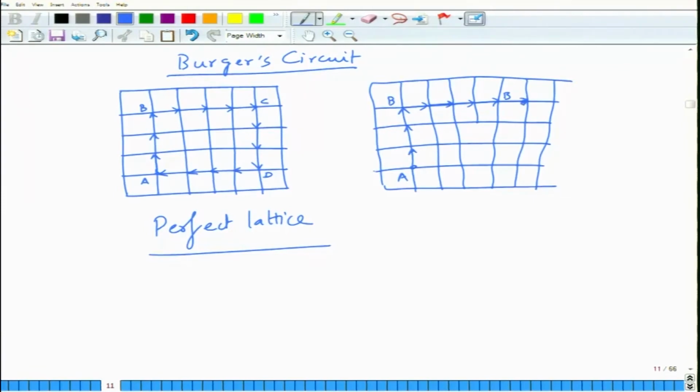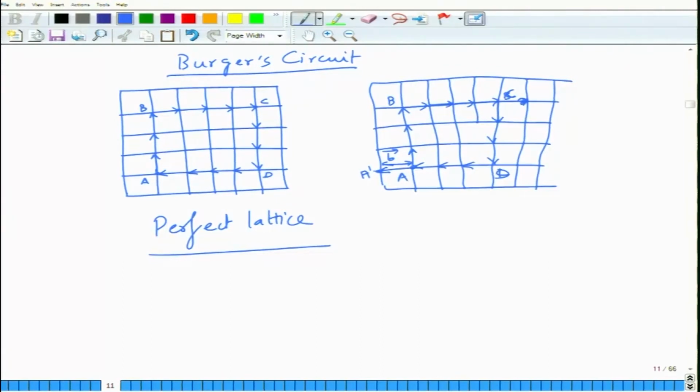Then you come 3 steps down to point C, then reach D, and you do not reach A, rather you reach another point, A prime. This is one extra step. This is called the Burgers vector of an edge dislocation.